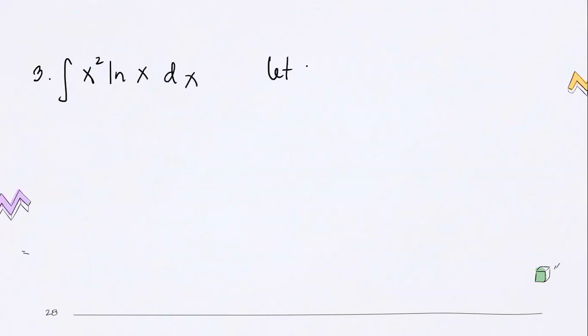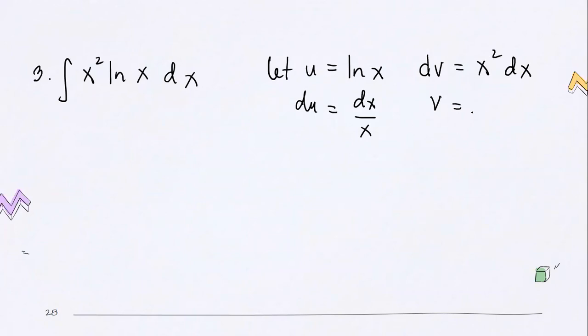Let u is equal to ln x, du is equal to dx over x, dv is equal to x squared dx, and v is equal to x cubed over 3.